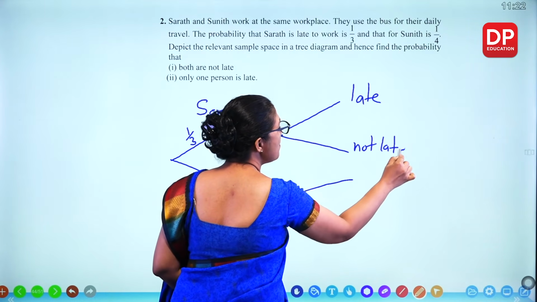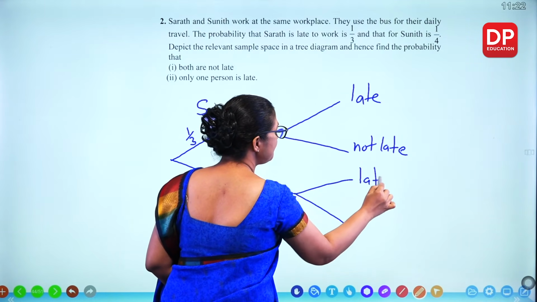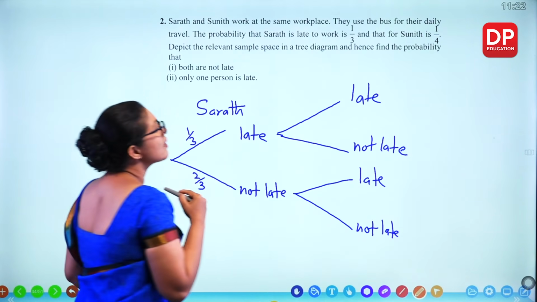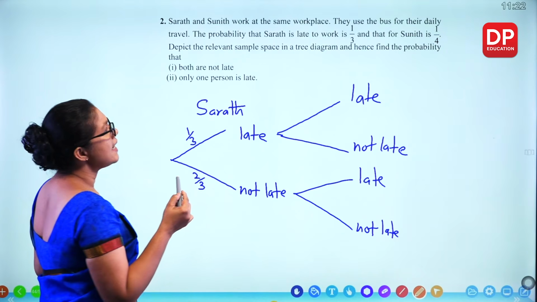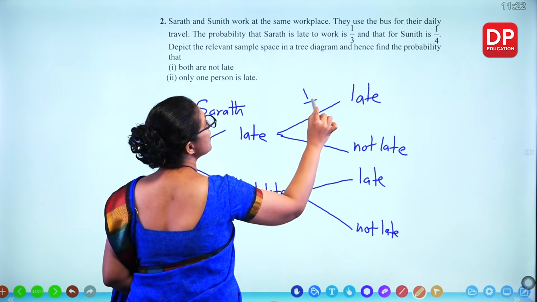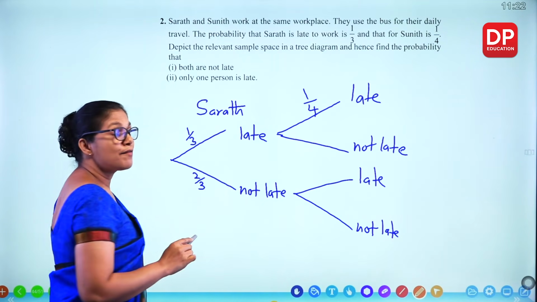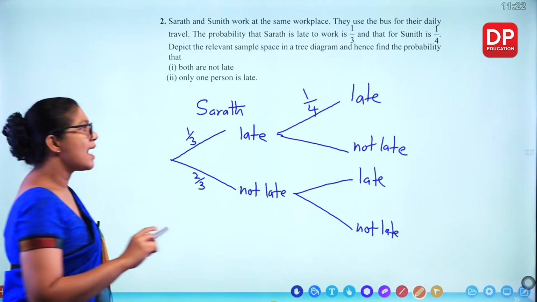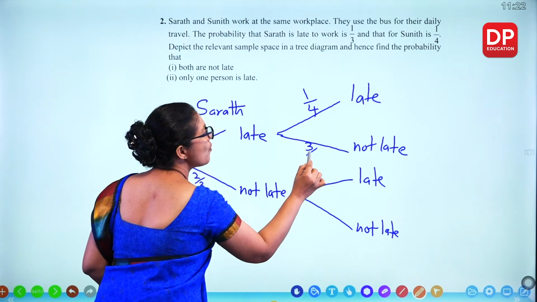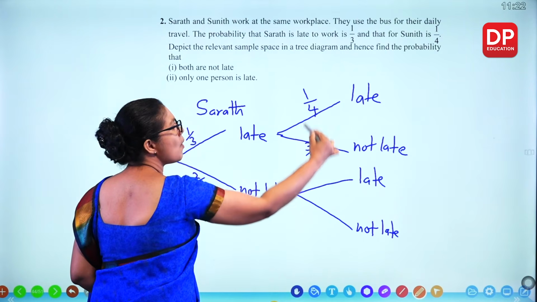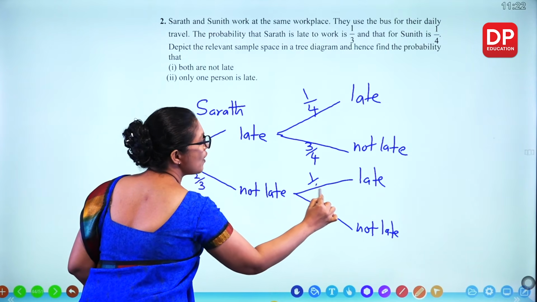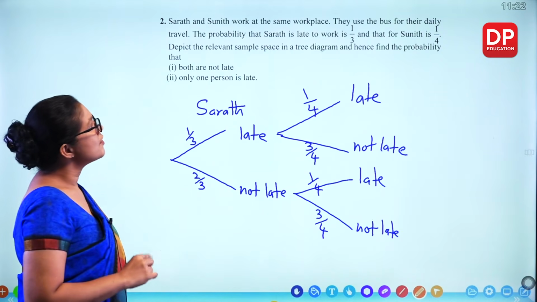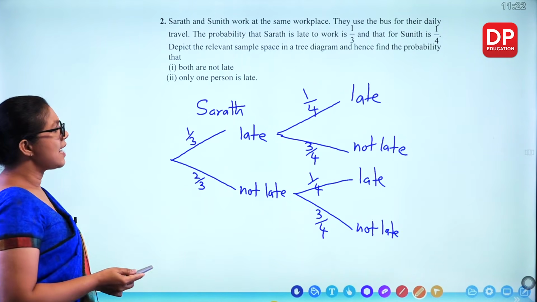But the probabilities are different. What's the probability of getting late for Sunith? It is 1/4. Now you can find the probability of not late. 1/4 is there. You need 3/4 to get 1 here. 1/4 for late probability, then this becomes 3/4. So this is the full diagram.